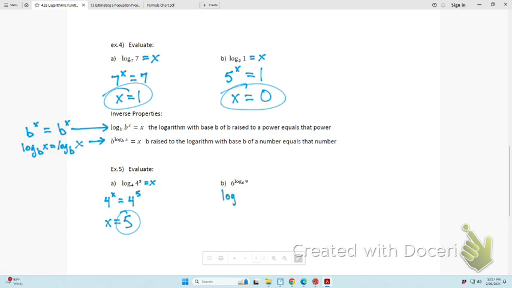Log base 6 of 9 equals, oops, that should be an x. Got ahead of myself. Equals log base 6 of 9. X must be 9. Or just cross out the 6's and you have 9 left.